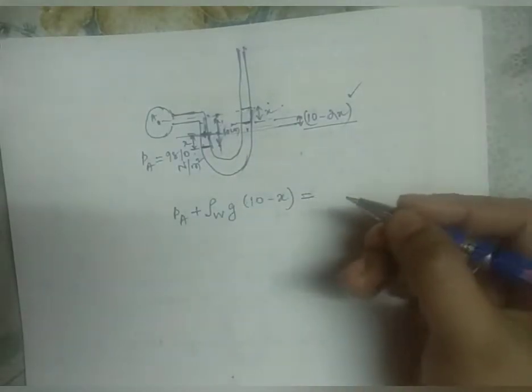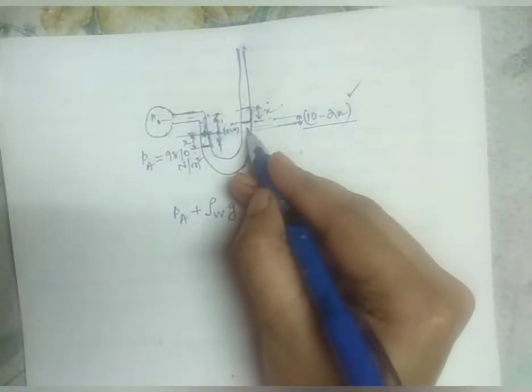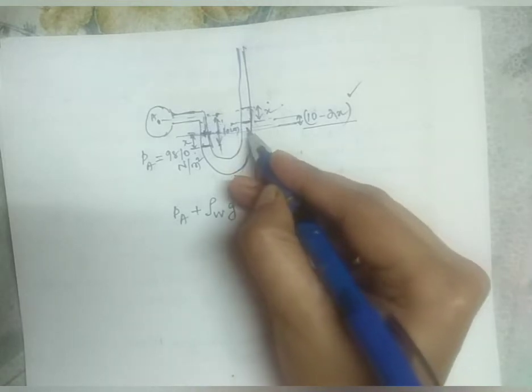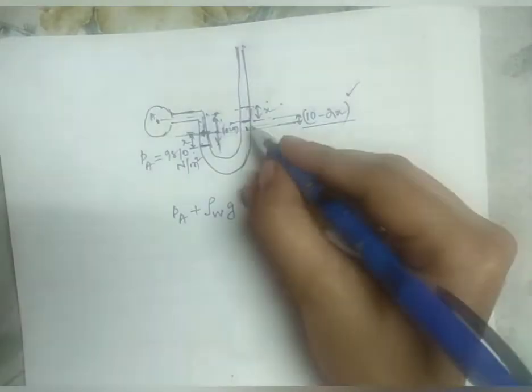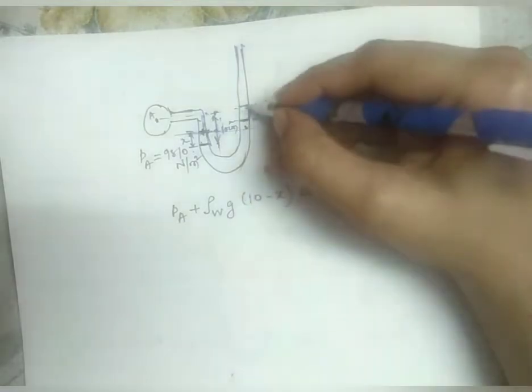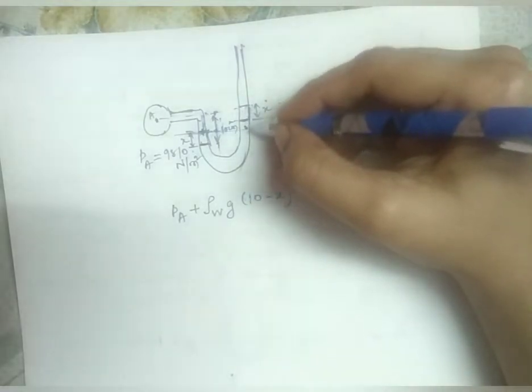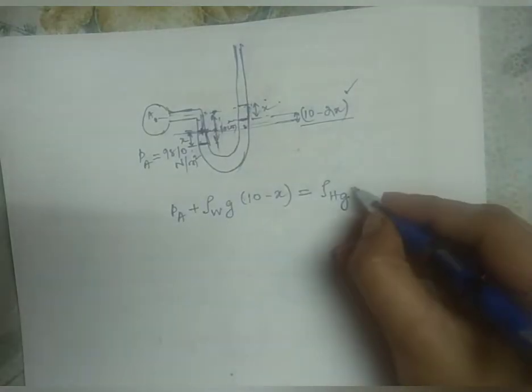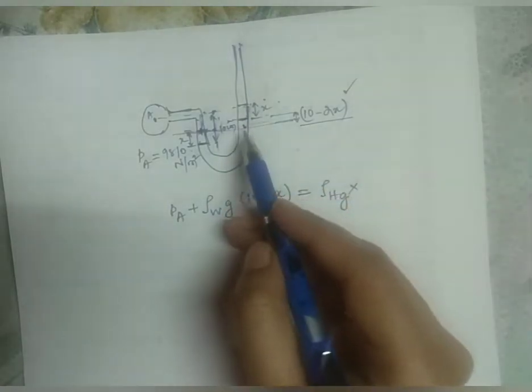Equating it with the pressure at the same level at the right limb. How can I find out the pressure here? That is rho Hg, since here it is a mercury column, into the new level.